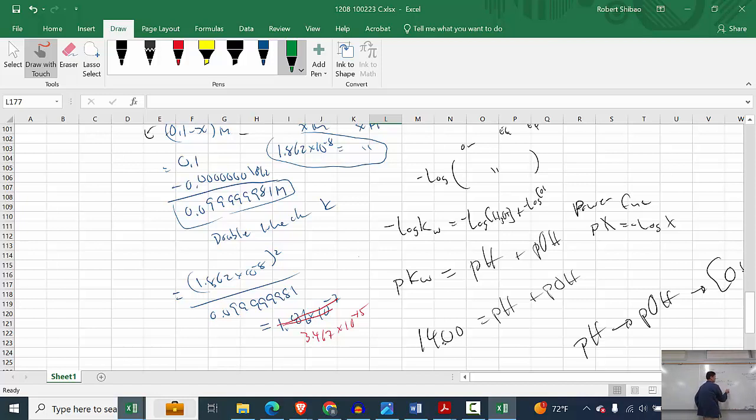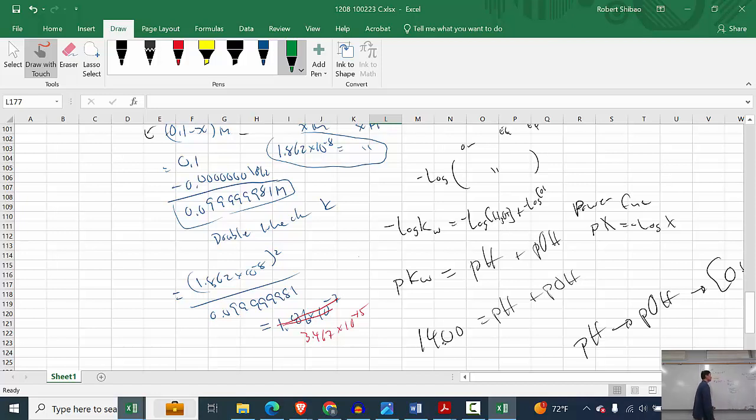Kw we usually memorize at 25 degrees C. At 25 degrees C, it's 1.0 times 10 to the negative 14. Kw grows bigger at higher temperature. At higher temperature, you have more violent collisions, and you'll generate more hydronium and hydroxide. But at 25, it's this. And now Ka for acetic acid, we looked up earlier, was 1.8 times 10 to the minus 5.